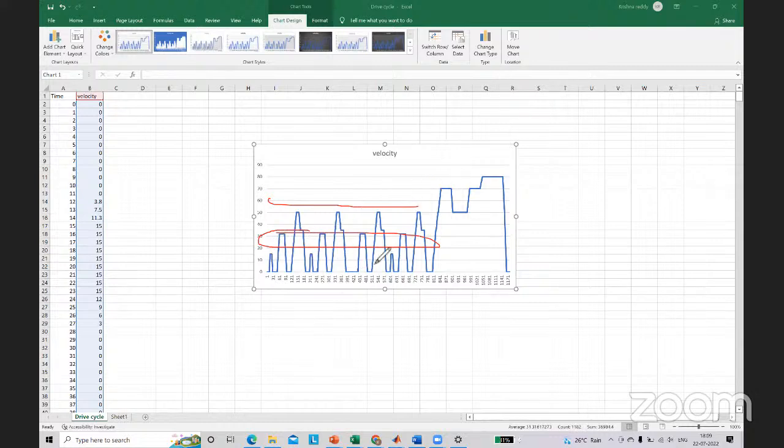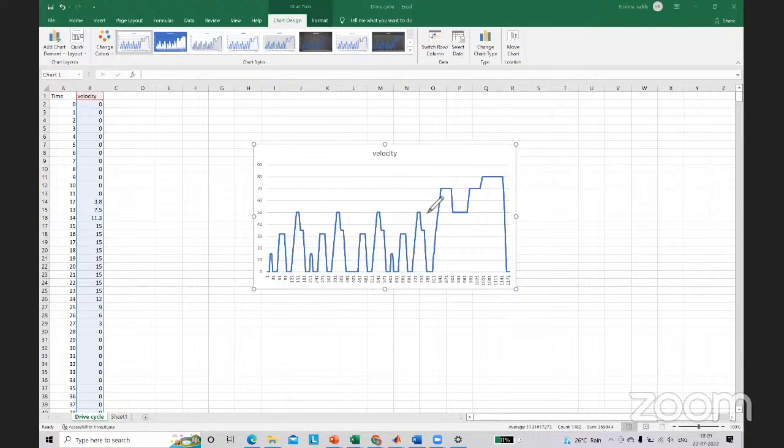So it depends. Under the drive cycle section, the different characteristics of your driving behavior are characterized into different sectors: urban drive cycle, rural, and highway drive cycles.